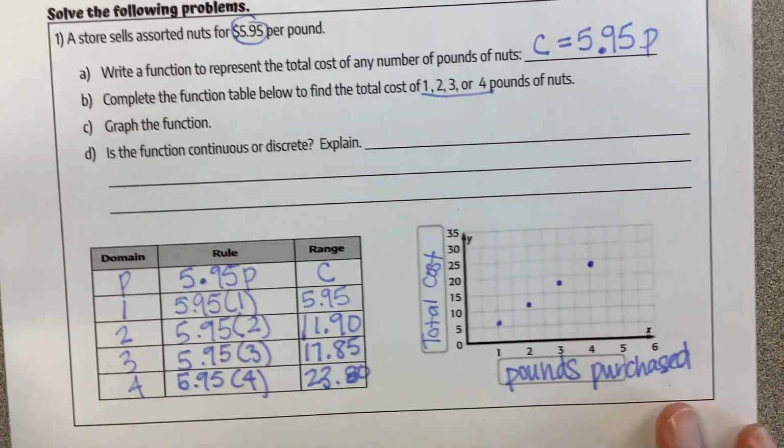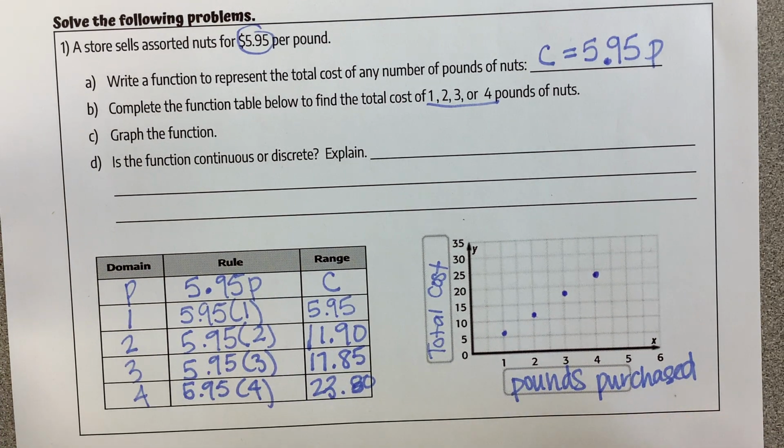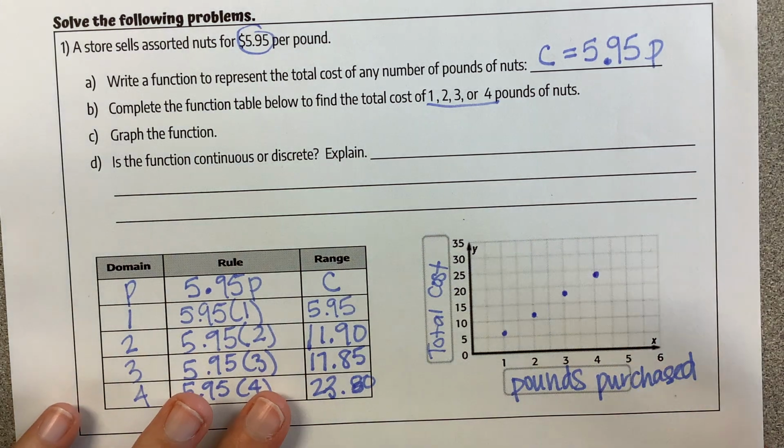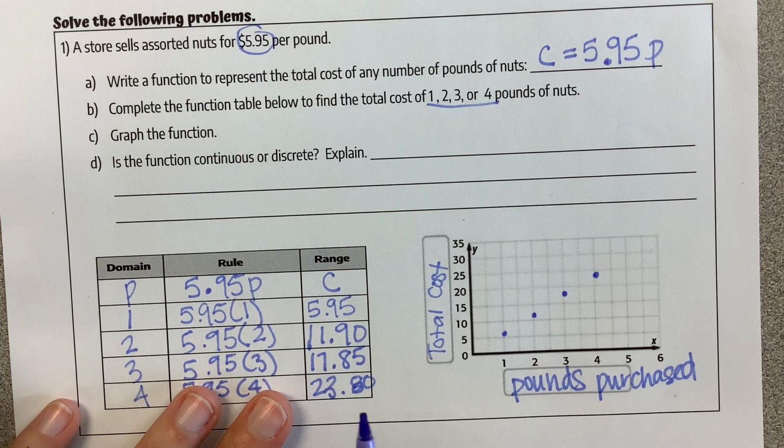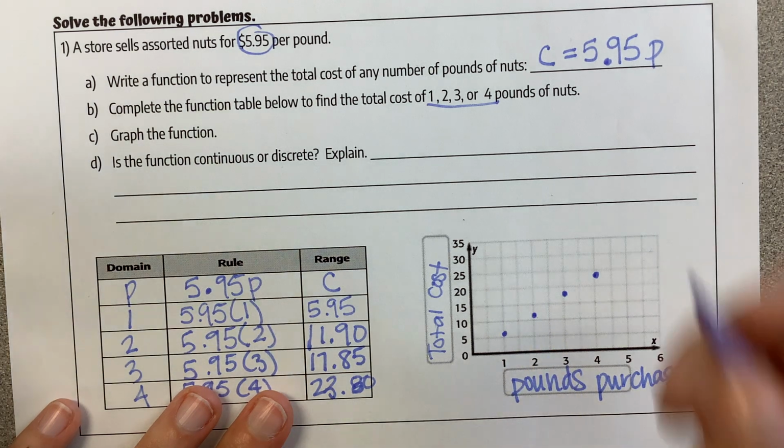So before I finish this graph, I want to think about, is the function continuous or discrete? So if we're talking about the cost that you are paying for a certain amount of pounds, again, you don't have to buy exact amount of pounds. You can buy a pound and a couple ounces, right? So decimal values are allowed.